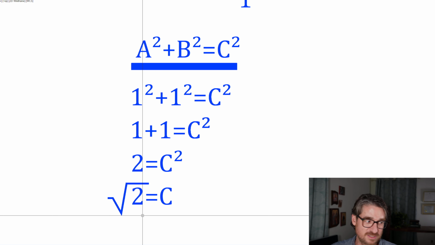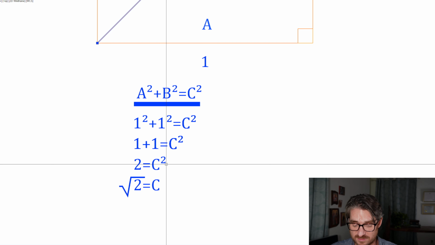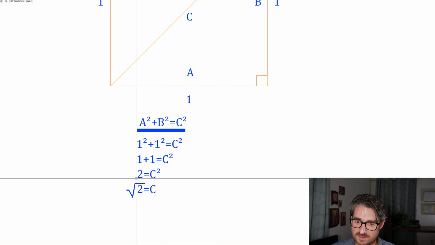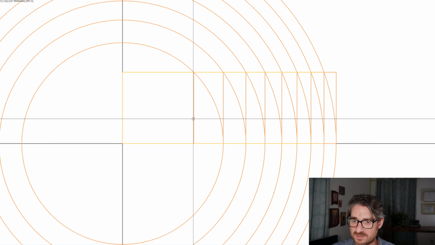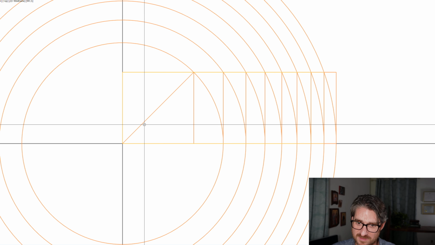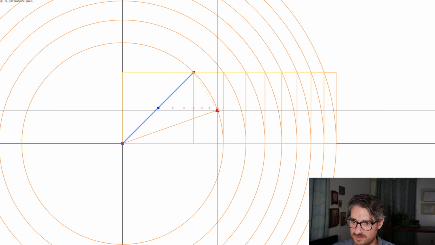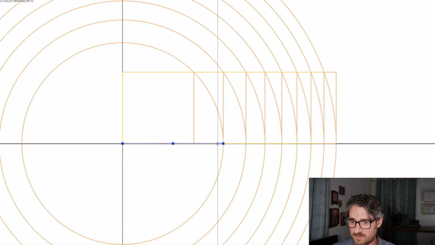Now we can see that c, the diagonal I'm using for the new circle, is the square root of 2. Interesting. So if I grab the square root of 2, we can see that this diagonal right here is the square root of 2, and I use that as the circle radius, so that distance is the square root of 2.